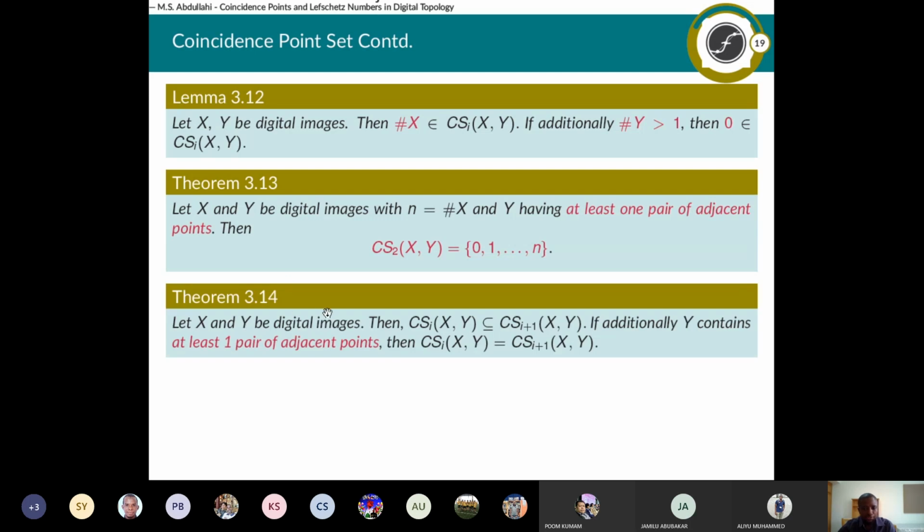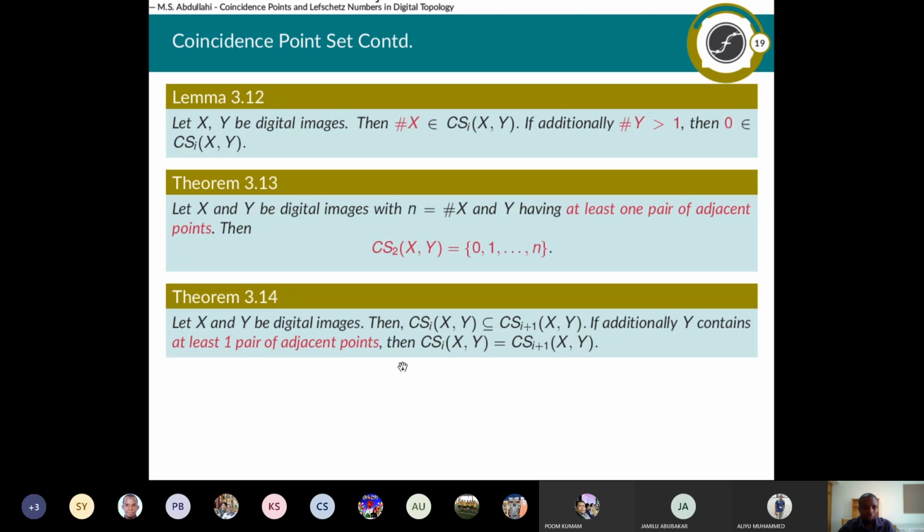Here I present another theorem that says that the coincidence spectrum of i mappings is contained in the coincidence spectrum of i plus 1 mappings. Additionally, if Y contains at least one pair of adjacent points, then these two are the same.